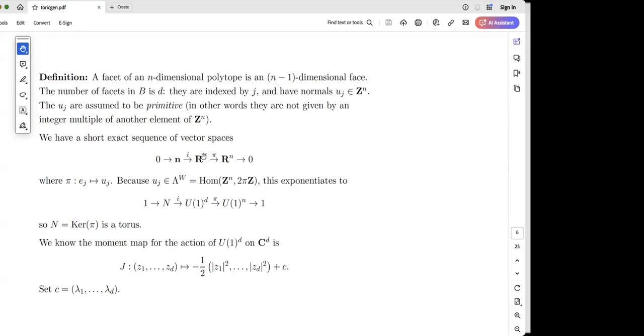We have a short exact sequence of vector spaces: R^d, then a map pi that goes to R^n, and another map i that goes from the kernel, little n, into R^d. Here pi takes e_j, the Euclidean unit vectors in R^d, of which there are d, to u_j, the normal vectors.